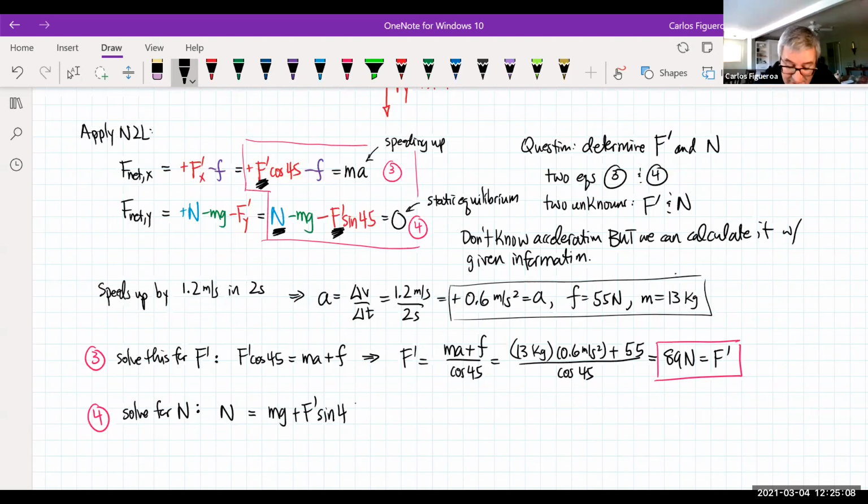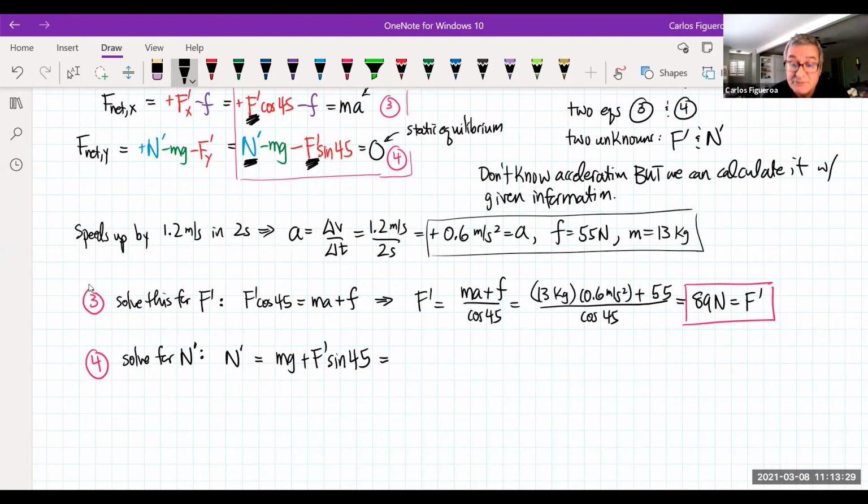Plugging in my numbers, I get 13 kilograms times 9.8 meters per second squared plus the new F prime, which is 89 newtons times sine of 45. And when I compute that number, I get 190 newtons for n prime. And this is the one when you're accelerating.